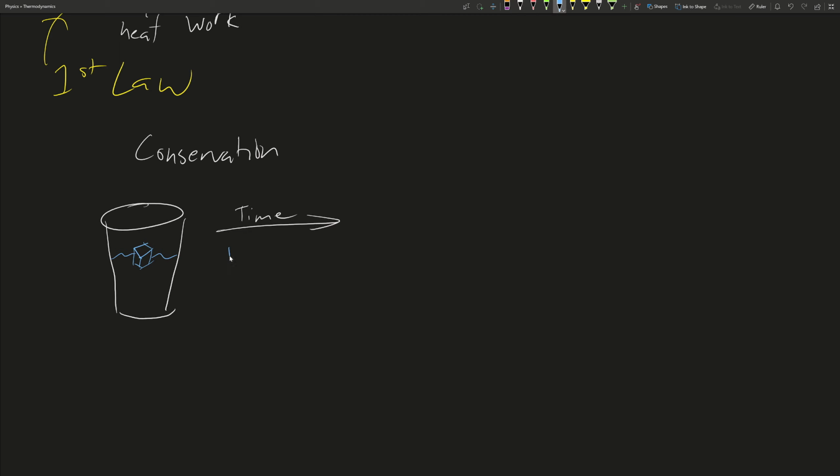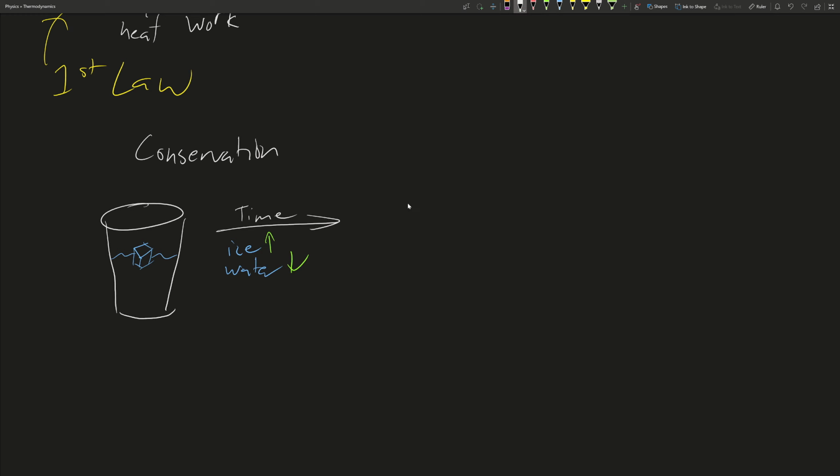So the ice cube here will lose energy as time goes forward here. And so the ice cube, or no, the ice cube will gain energy because it melts. So it gains energy through heat from the water. So the ice cube will gain energy, and then the water will lose energy, because its energy goes into the ice cube to reach a state of thermal equilibrium.